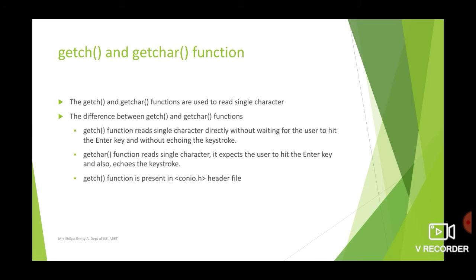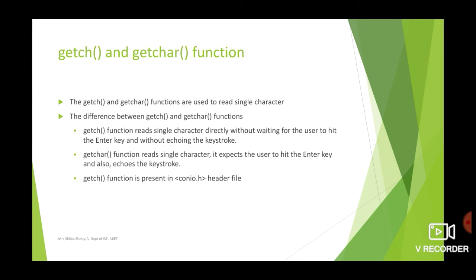The getch function reads a single character directly without waiting for the user to hit the enter key and without echoing the keystroke. That means if you are using the getch function to read a character, then whatever value you enter will not be visible on the screen.